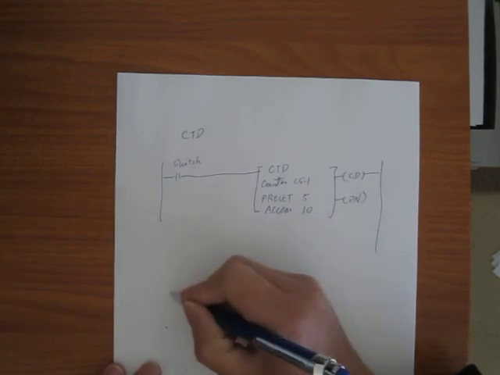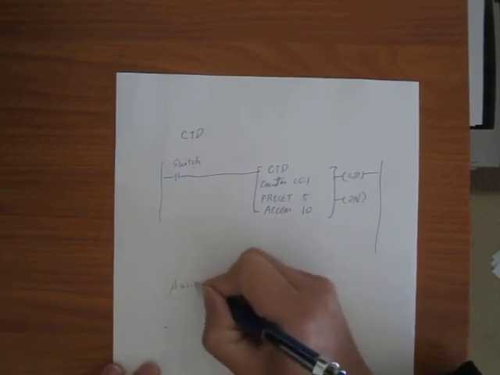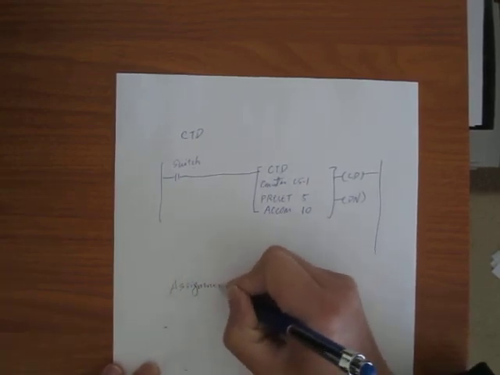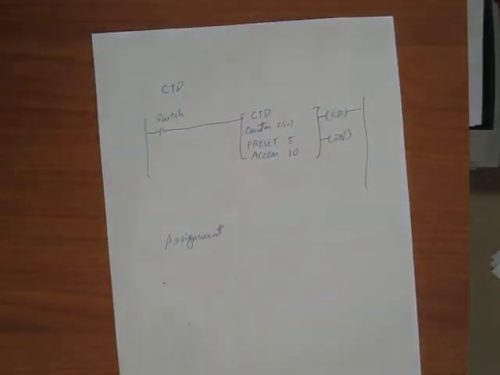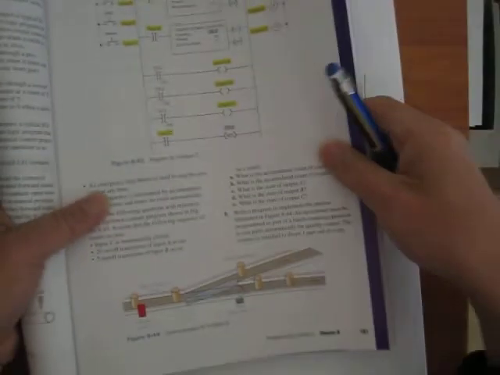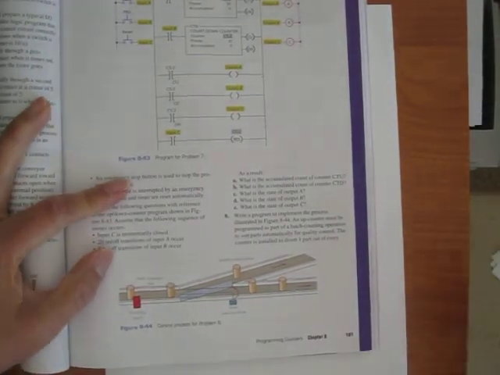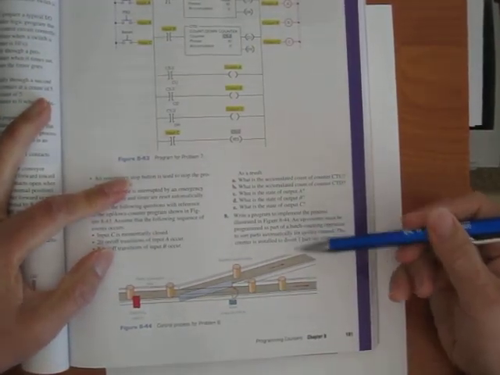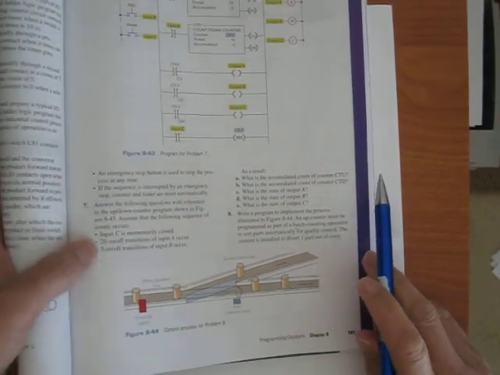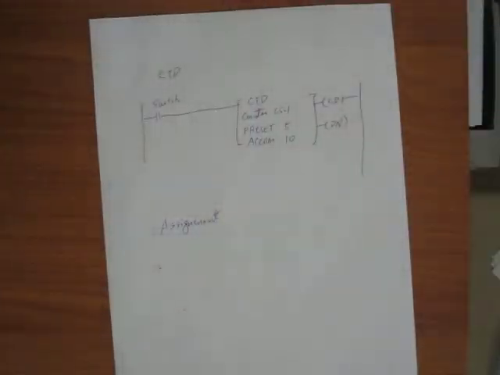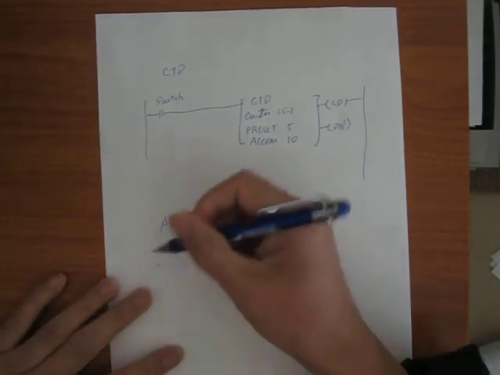Alright? Now our assignment, we are using CTU here, will be on page 181, number 8. Page 181, number 8. Okay, which I think is relatively simpler.